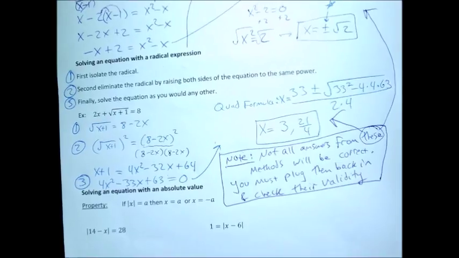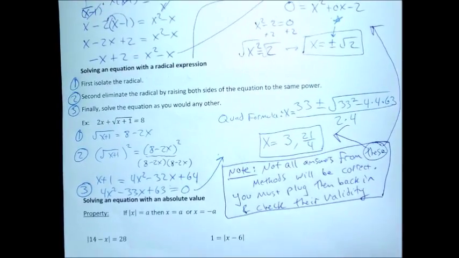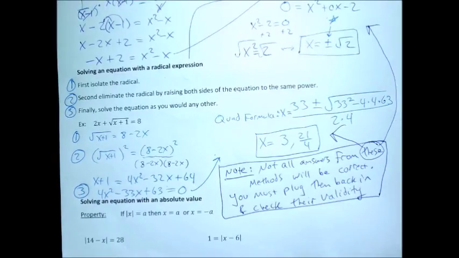So for both methods on this page, you need to be careful about whether what you wrote down is true. That's because when we square things, or take the square root of things, we end up with artifacts that are not from the original equation. We end up with more terms when we square something. And so sometimes what comes out is one thing that's true and one thing that's not true.